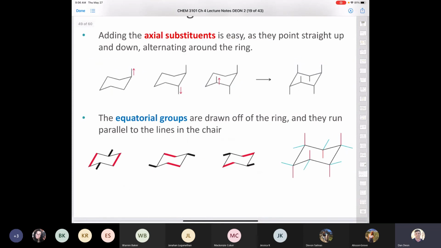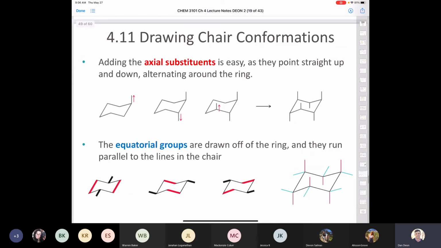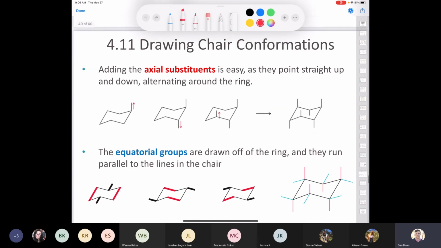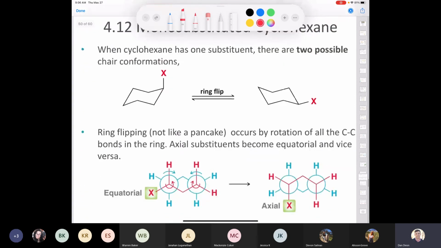So a lot to know about cyclohexane, and you have to be able to identify axial and equatorial positions, right? Every carbon has an axial position. Every carbon has an equatorial position. You've got to know how to draw all of the axial positions, and you've also got to be able to draw all of the equatorial positions. You also have to know the relationship between them.